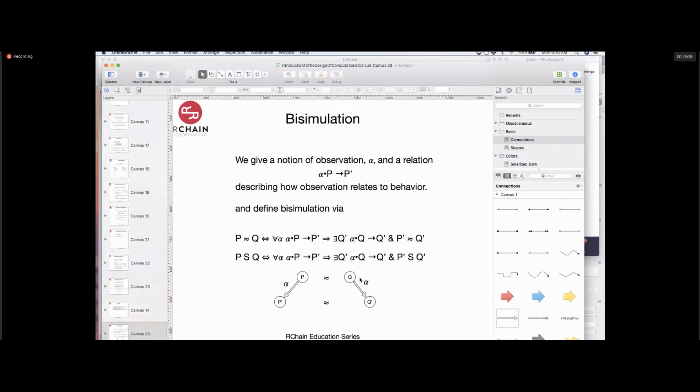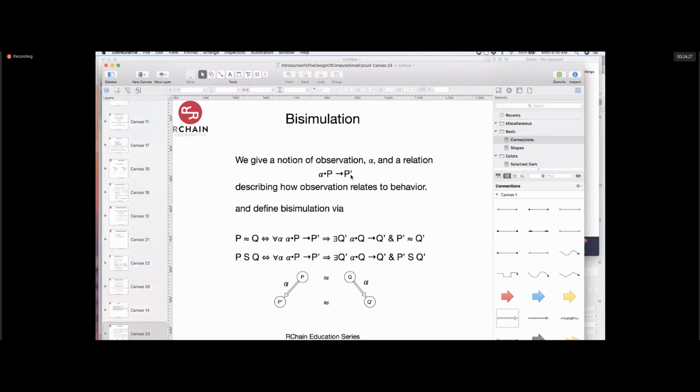Now, this works for lots and lots of different calculi. So Abramsky shows that we can do the same thing for the lambda calculus, where our notion of observation is given in terms of application. Application in the lambda calculus gives rise to a kind of evolution of the system.